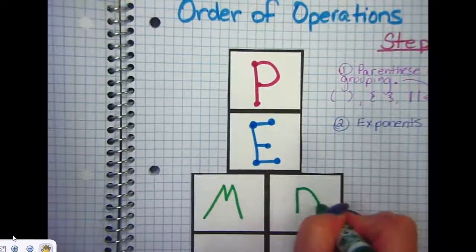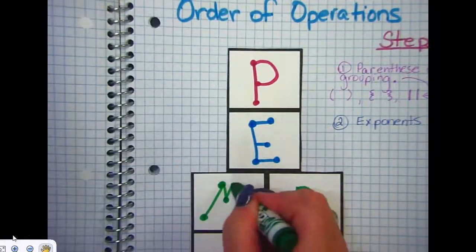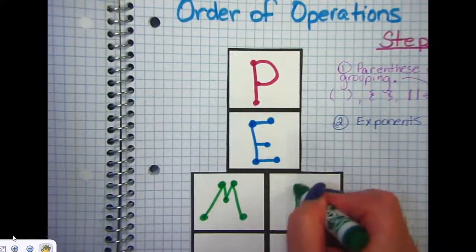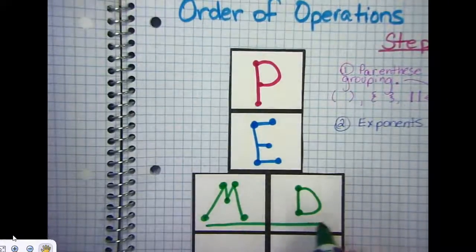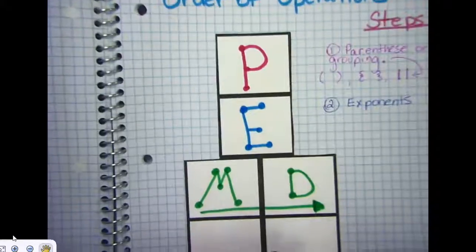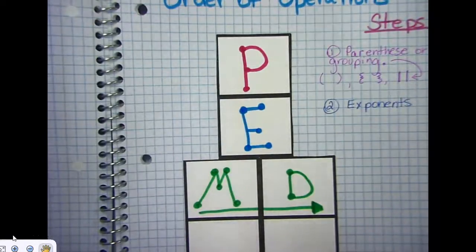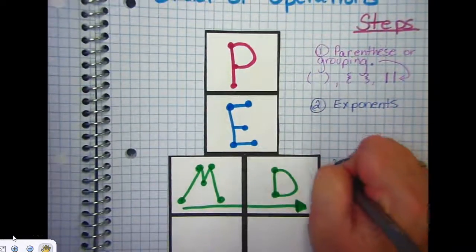So why are these next to each other instead of multiplication first and then division? Because they're equal, right? So you work left to right. This is where I always see those order of operations problems like on social media. And people have them wrong because they don't work left to right. There's always a big argument that multiplication comes before division, but it does not. If you have both of them, you work left to right.